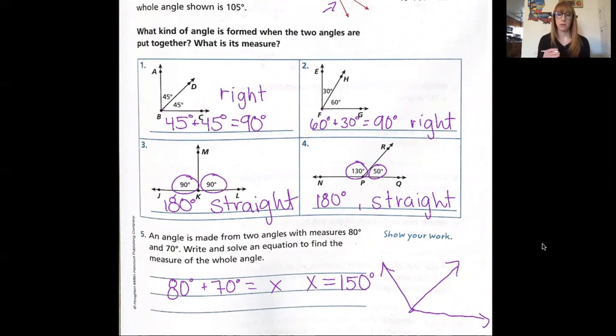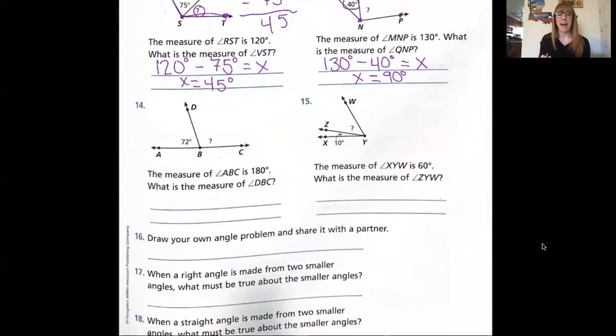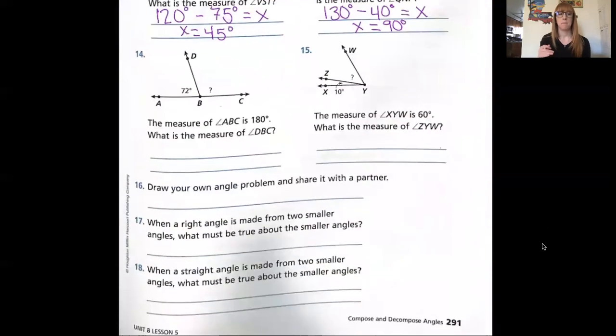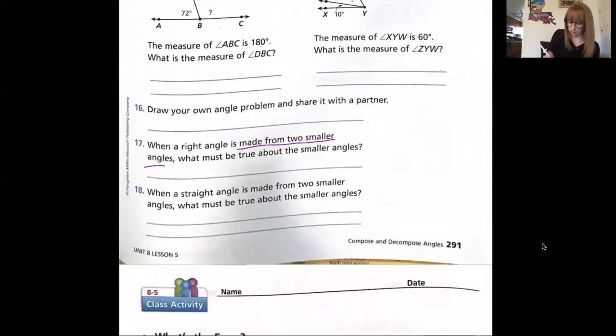Anytime we split a right angle to find a sum of numbers to equal 90 degrees, they're going to be acute angles every time, because we can't get a right angle by adding any obtuse angles. It just won't ever work. Now, if we were subtracting, that would be different, but it says the right angle is made from two smaller angles, so they must be acute angles.